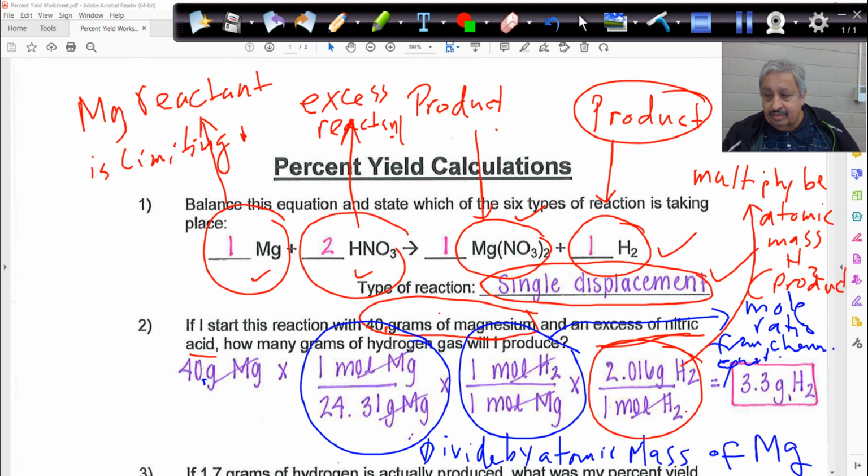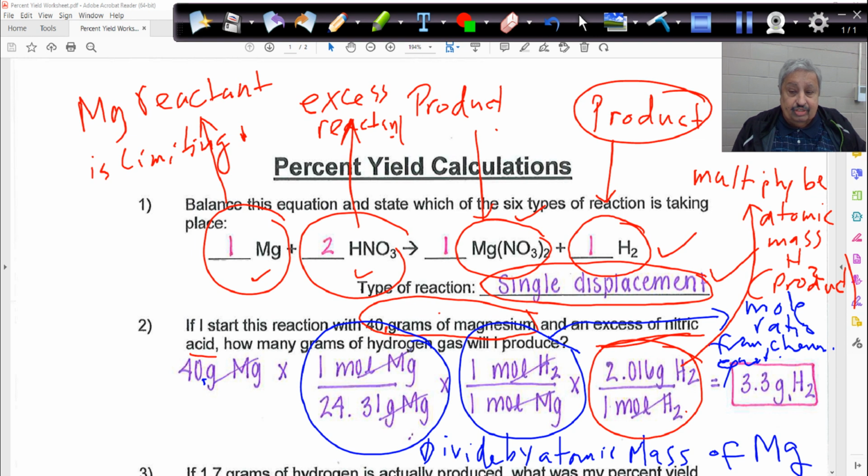So let me repeat myself. Four steps. They give you the grams of the reactants. The first thing is you put those grams of the reactants as they are, divide them by the atomic mass, or if you have a molecule, by the molar mass. Atomic mass if you have an element like magnesium by itself, or molar mass of this limiting reactant. The third step is to look at the chemical equation.